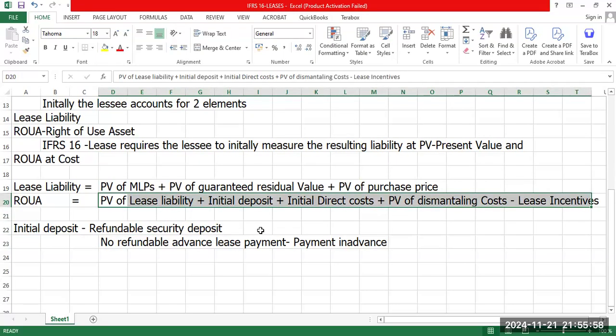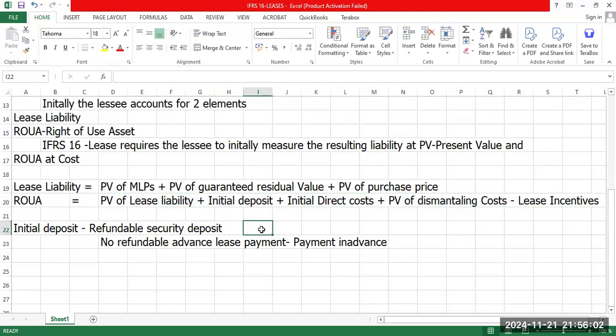If the initial deposit is refundable, that will be treated as a receivable. Are we together, colleagues? That will be treated as a receivable. Okay. You will not add it here.